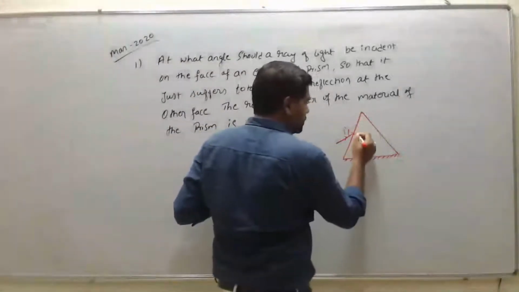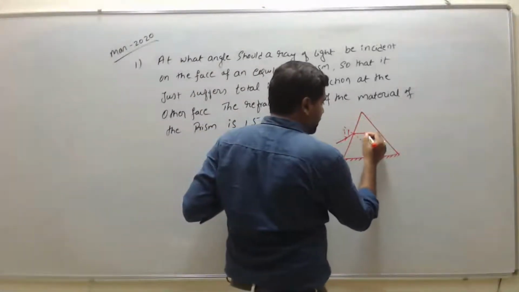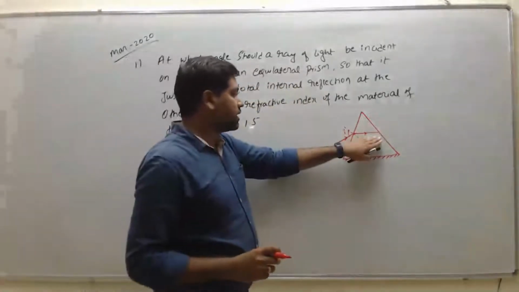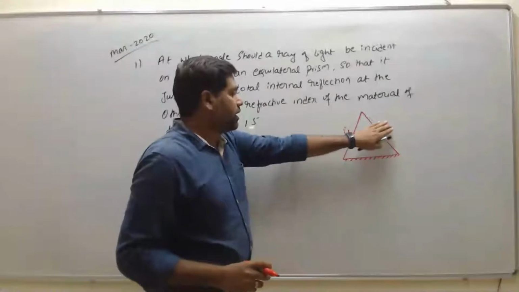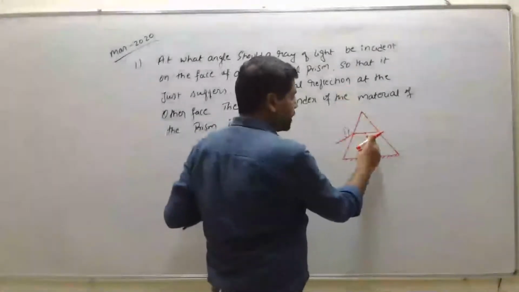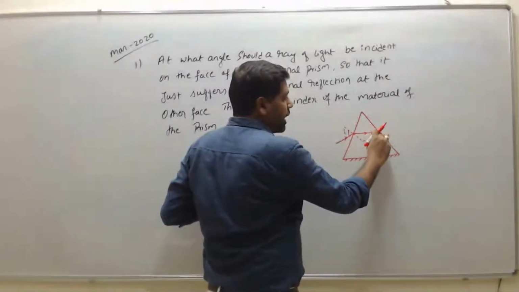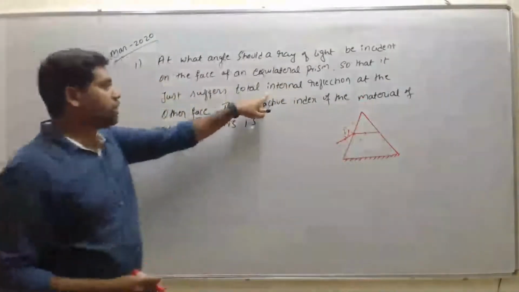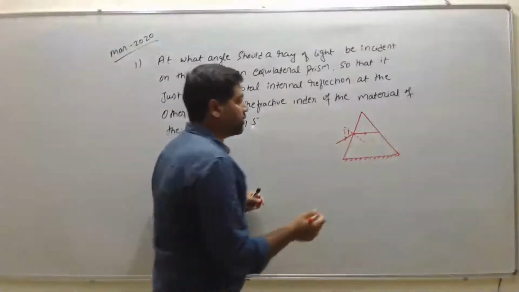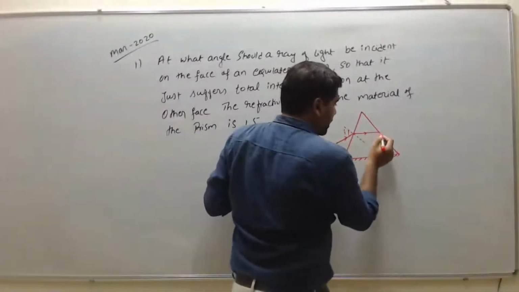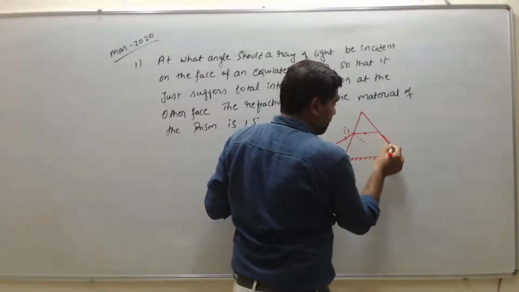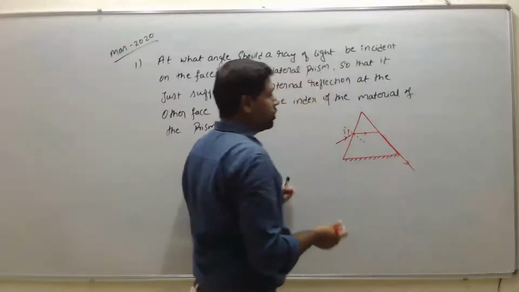After incidence on the first face, the light is refracted into the medium and this acts as the incident ray for the second face. In the question, they told that this ray just suffers total internal reflection at the second surface. Then the refracted ray will go like this.